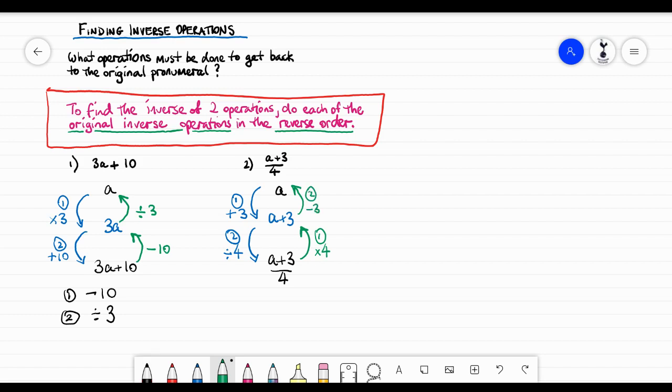So the steps we need to do here to go from a plus 3 over 4 back to a are, firstly, we need to multiply by 4, and secondly, we need to subtract 3. Just put these in here just for completeness.